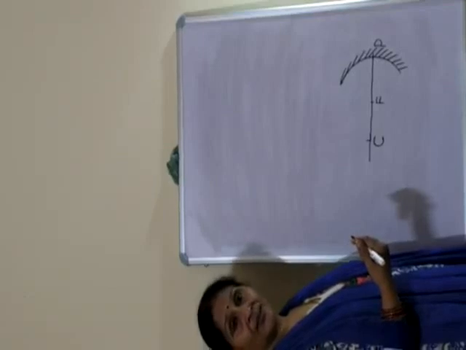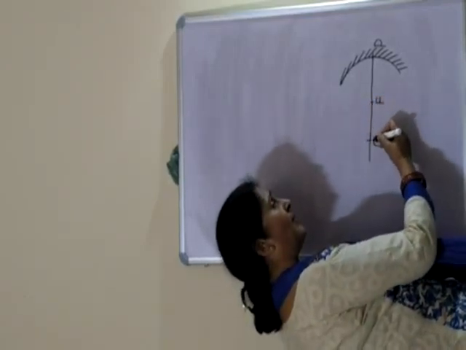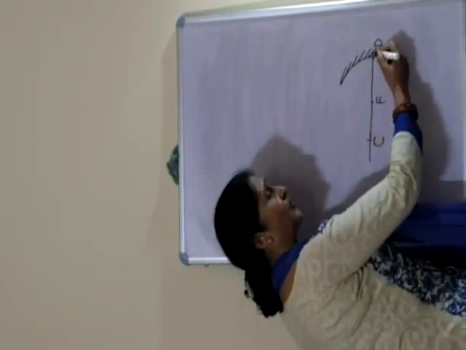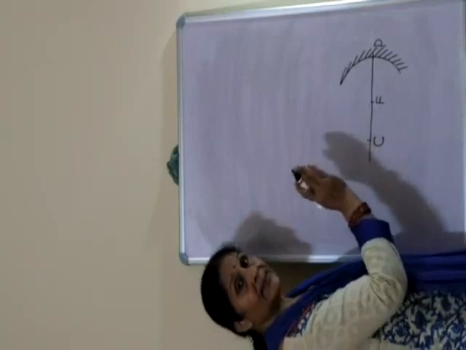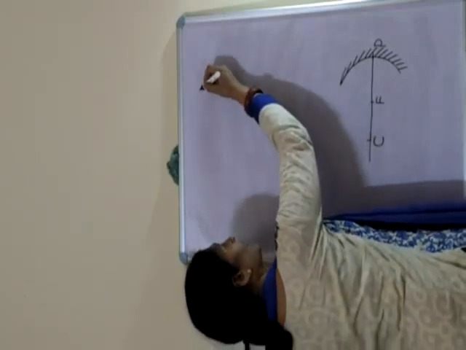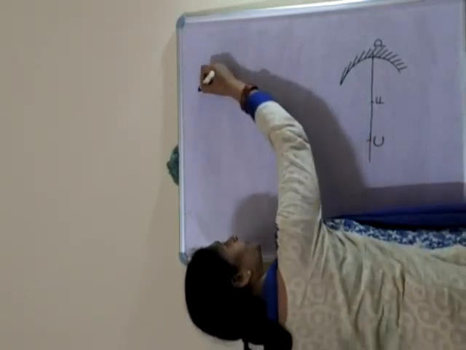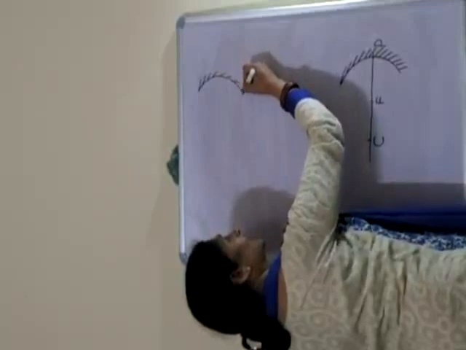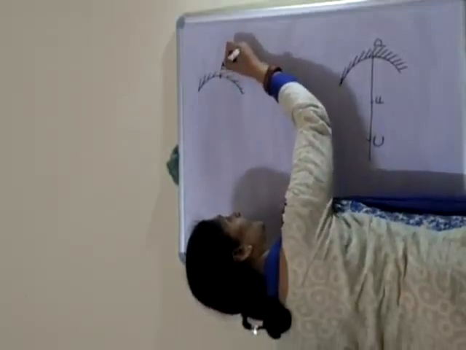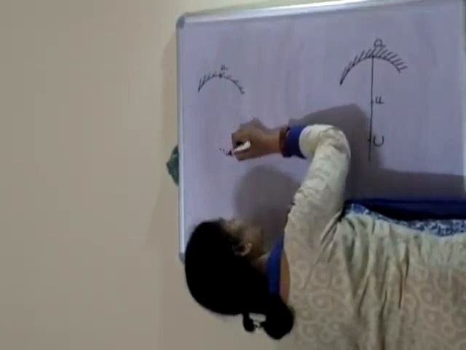Now the next term is focus. The focus lies between the center of curvature and the pole. We will not define it like this. To define it, let us see. This is a concave mirror. This side is polished. The middle point is pole, and somewhere here would be its center of curvature.